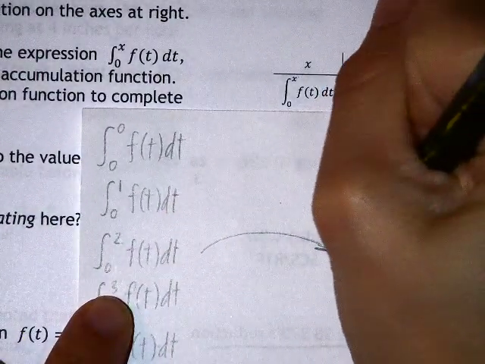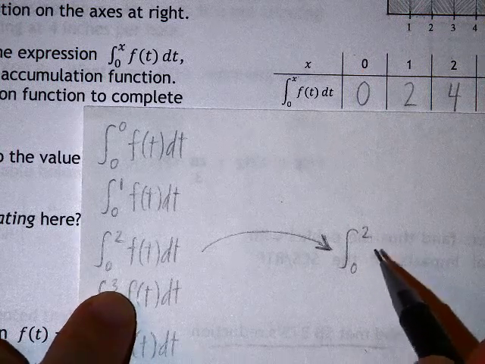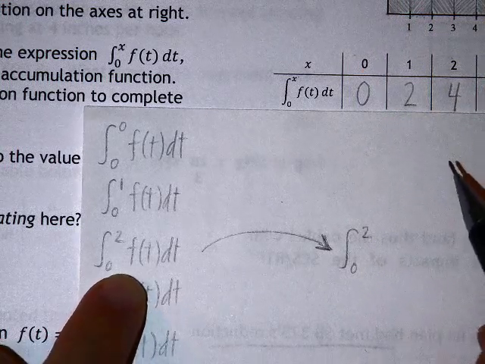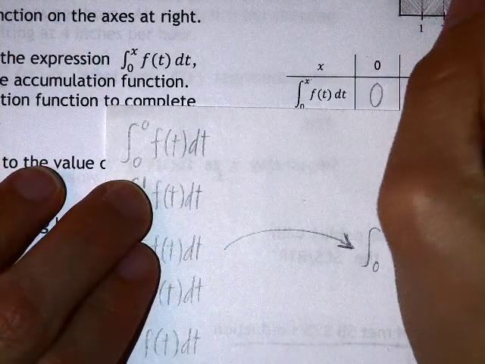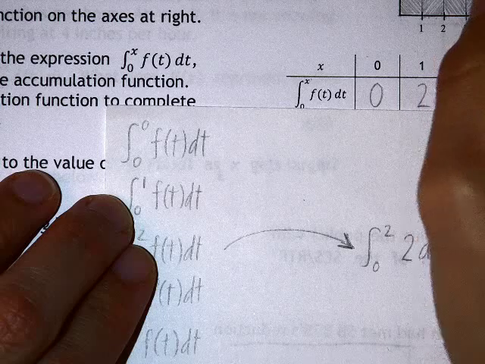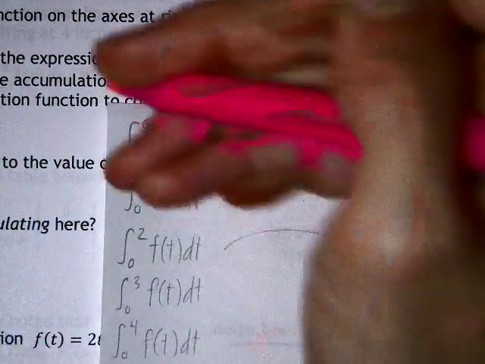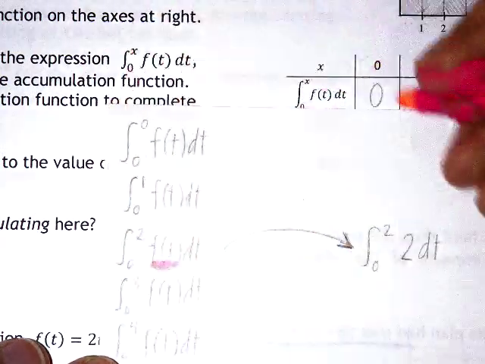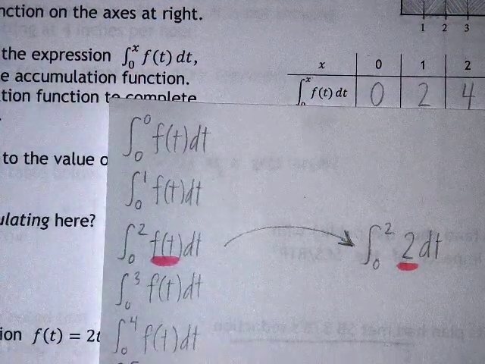But if I had wanted to do the integral from 0 to 2 with a calculus approach instead of an area approach, I could have, because they gave me that the f of t function is 2, and I could have plugged that in for f of t, so a direct replacement, if you will. I replaced the function f of t with the number 2, since they told me in the original question that that was equivalent.